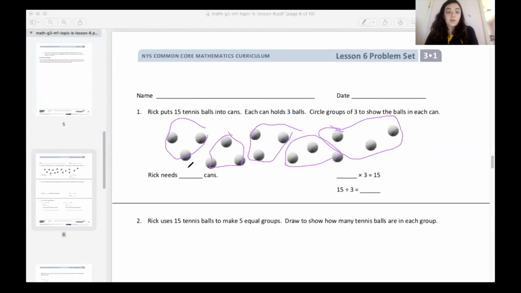So we have 5 groups, so Rick needs 5 cans. 5 groups times 3 in each equals 15. So 15 divided by 3 groups is equal to 5. Here we go. We'll move down to the next problem.